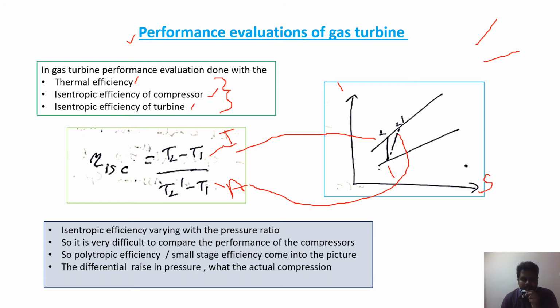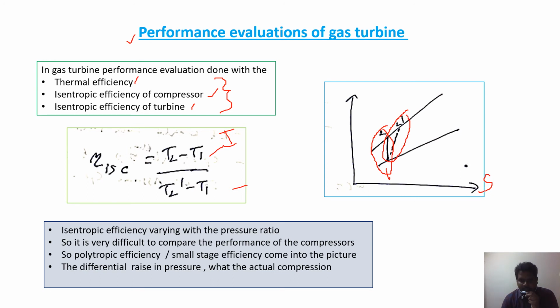But here this efficiency varies with the pressure ratio, because for example if we take 1 to 2, here the pressure ratio is different. If we take 1 to 2 dash, the pressure ratio is different.